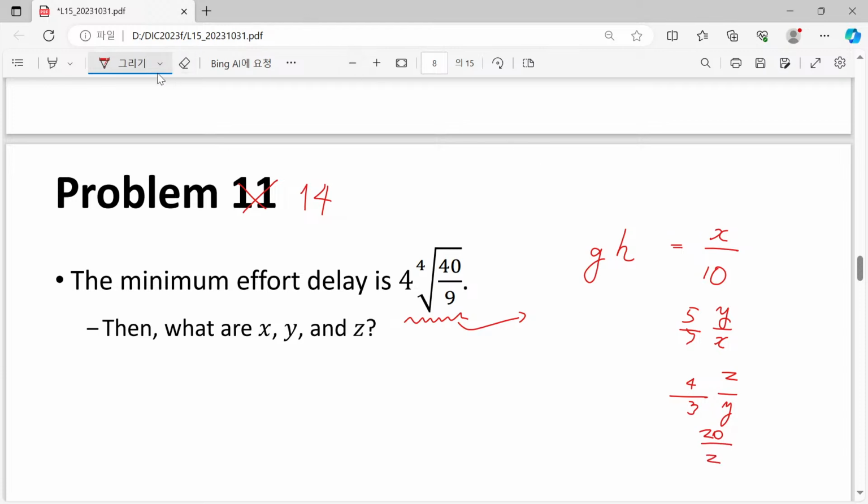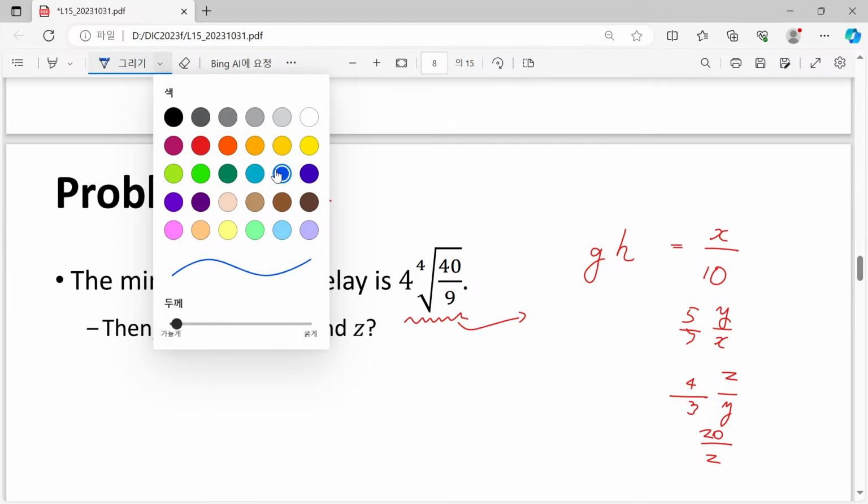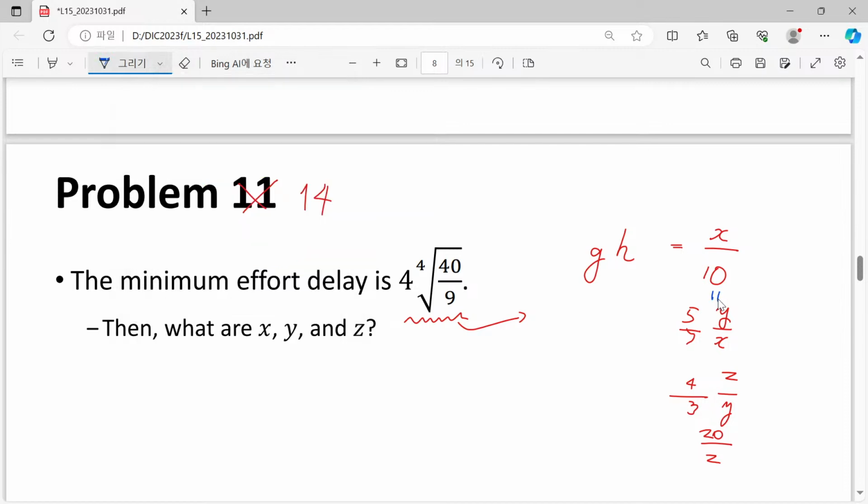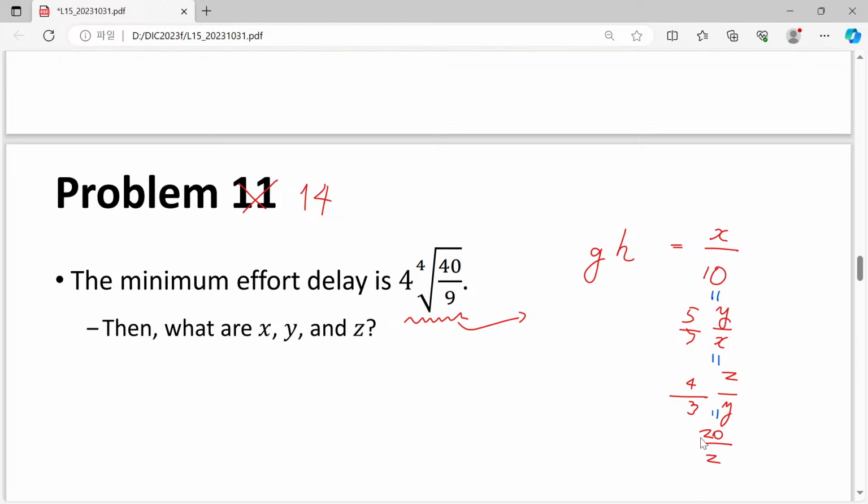So our students said that okay, we must have the same values. Okay, you are right. They should be the same. However, can you calculate x, y, and z only from this relation?